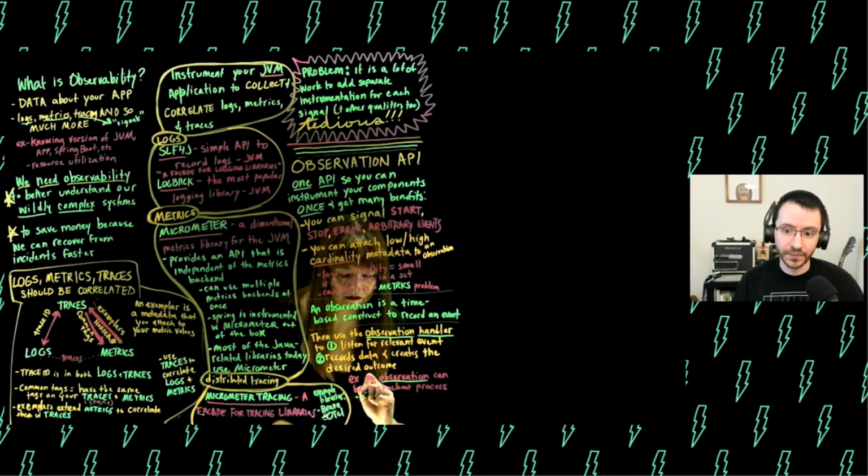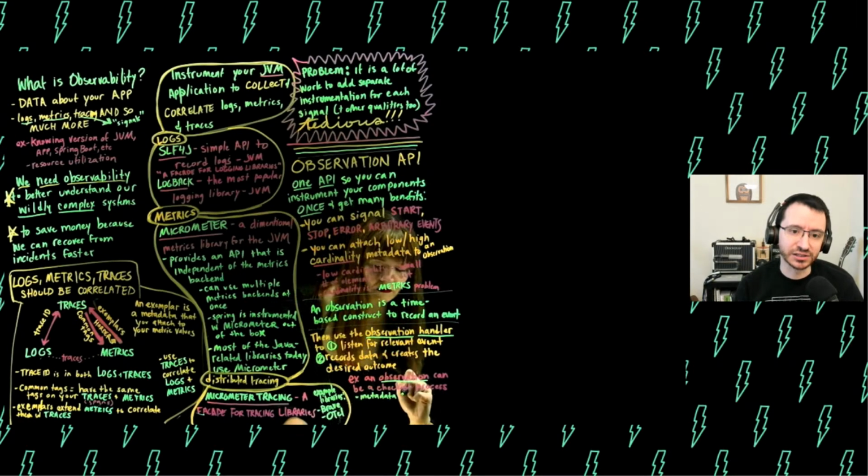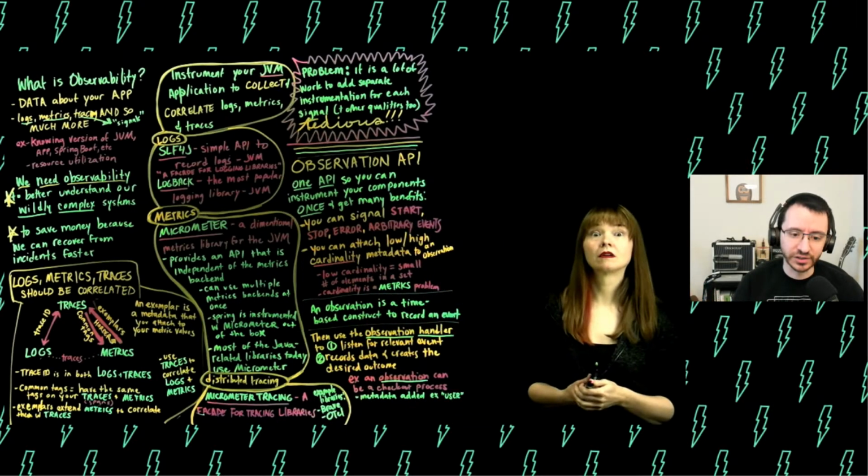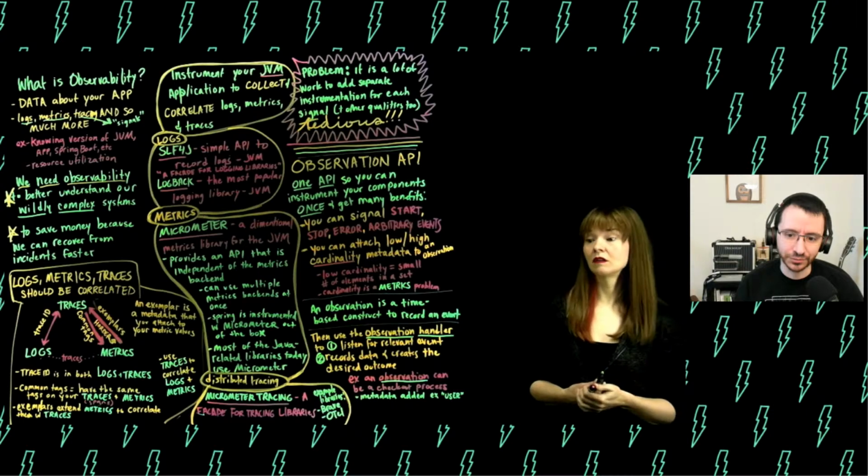So now that you have this instrumented, you don't necessarily need to modify this instrumentation if you just want to get logging, metrics or distributed tracing benefits out of it.